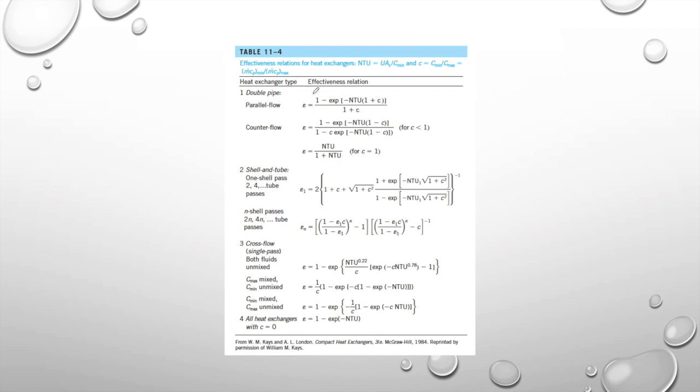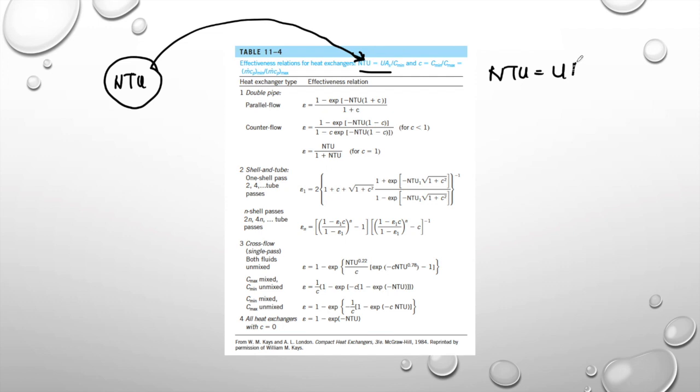In this table, you have to know the value of NTU. How to know? You can calculate the NTU by using the information from your question. As you can see at the upper level of this table, you may find the equation for the NTU. The NTU equation is U A S over C minimum.